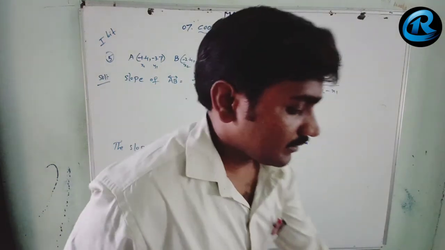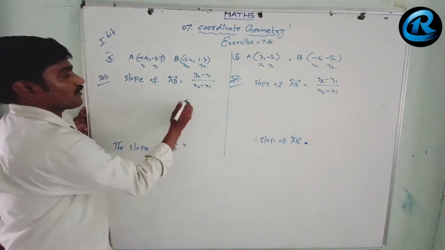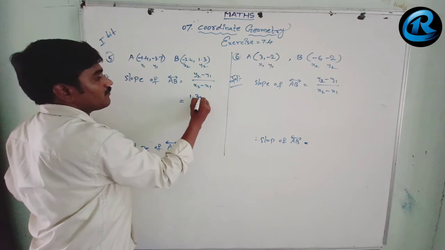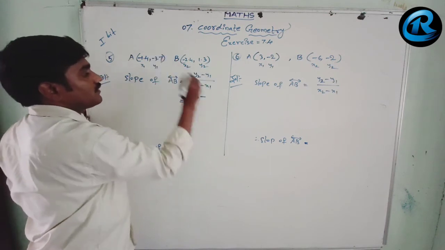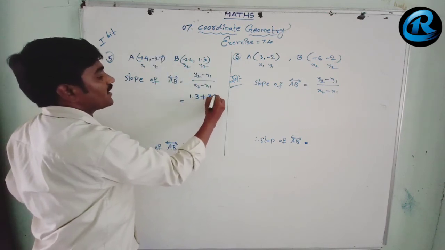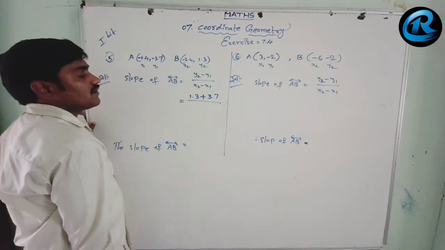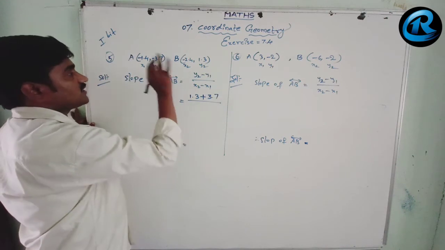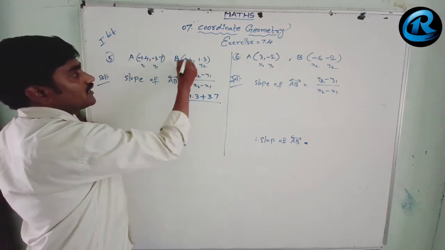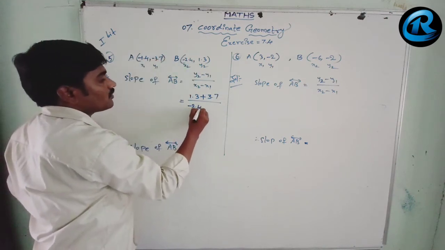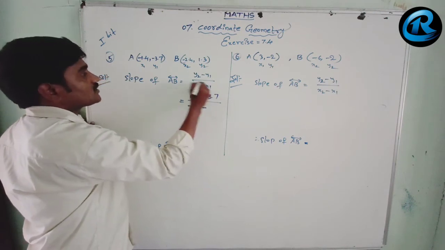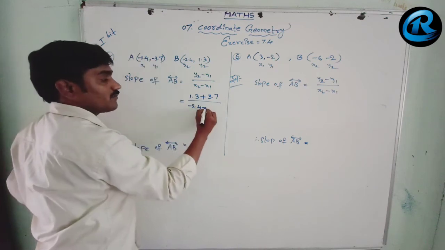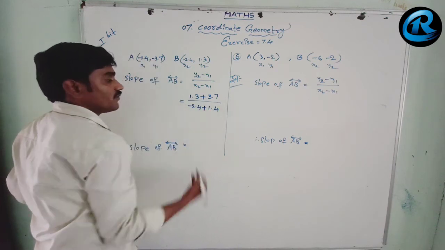So see, now here y2 minus y1: y2 is 1.3, minus y1 is minus of minus 3.7. Minus of minus becomes plus, so 1.3 plus 3.7. x2 minus x1: x2 is minus 2.4, minus x1 is minus of minus 1.4, so plus 1.4.